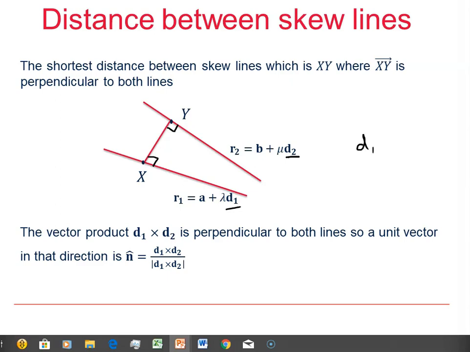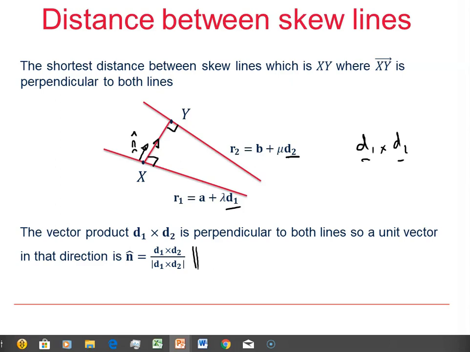So d1 cross d2 is a vector in the direction of XY. But then if we divide that by the length of d1 cross d2, we get this expression here, that is going to be a unit vector in that direction, n hat.